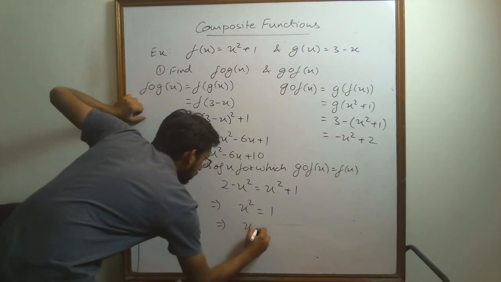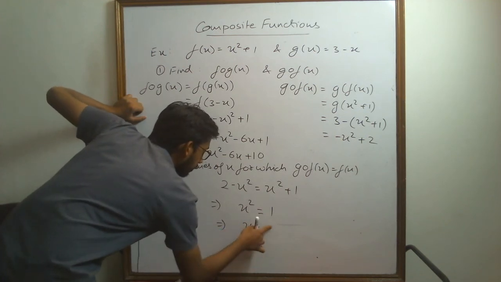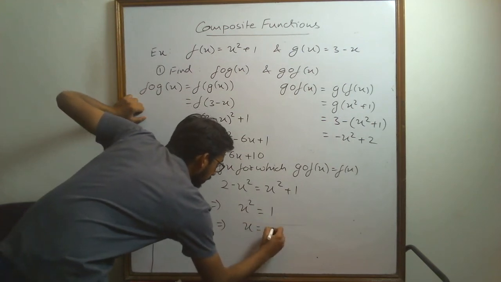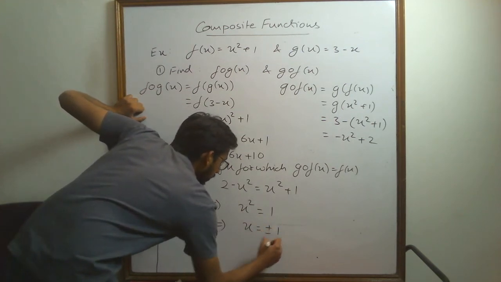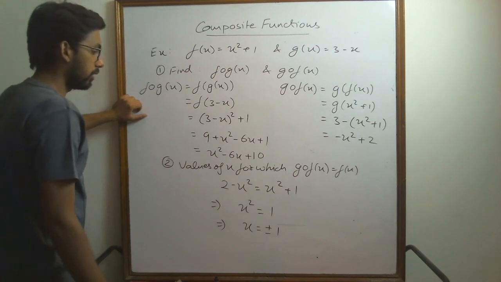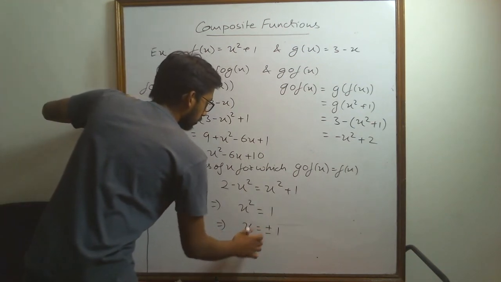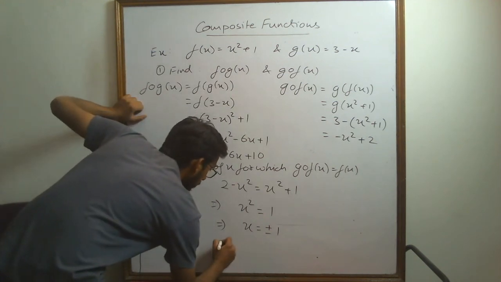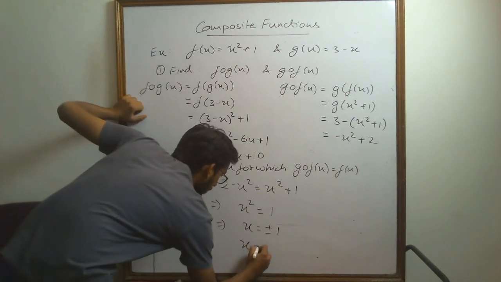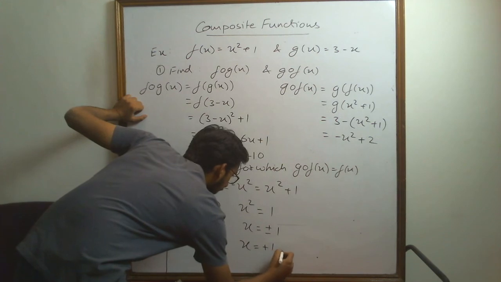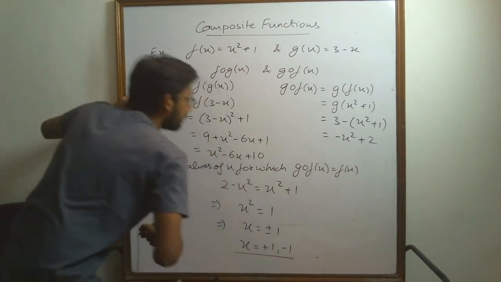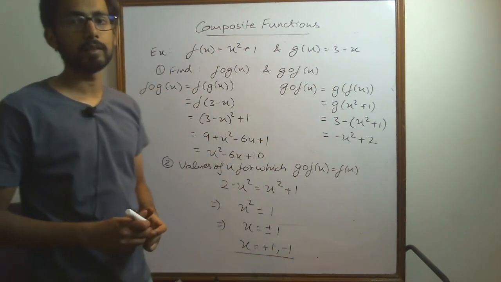That means x is equal to, now taking square root on both the sides, remember that whenever we take square root, we will put a plus minus sign on the number. Do not just take the positive value, that would be wrong. So that means that x can take the values +1 and -1. This is our solution.